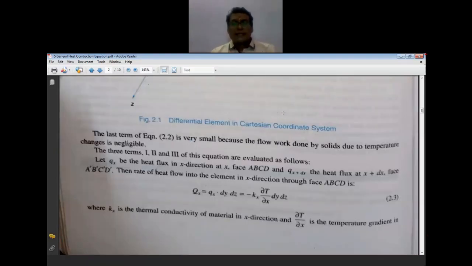So Qx, that is the heat in the x direction, is equal to minus Kx into delta T upon delta x into the area, the cross-sectional area through which the heat is getting transferred. This is the small volume element in the x direction.